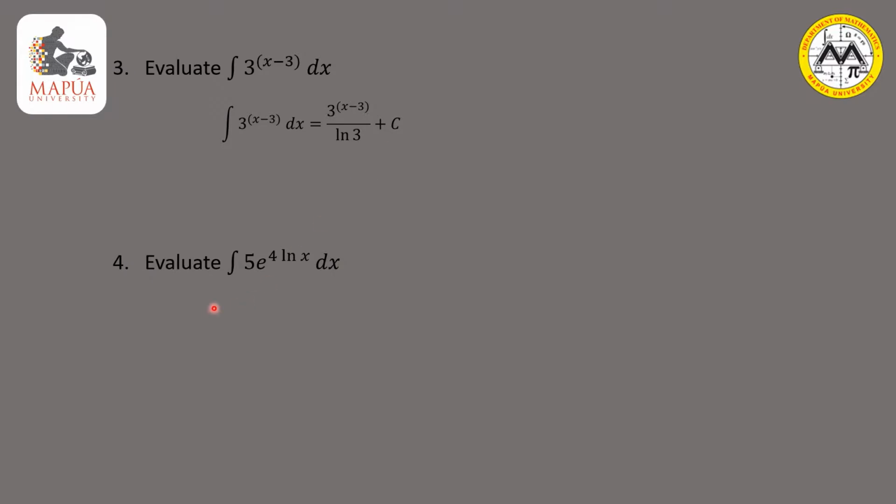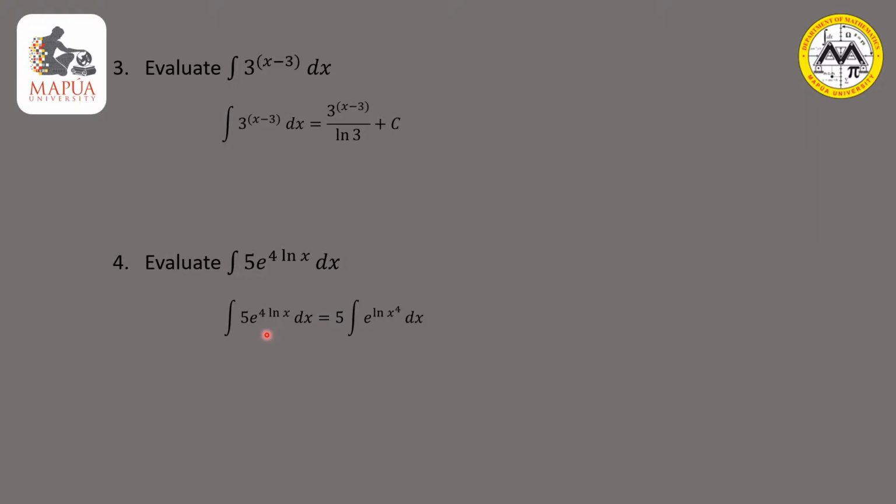For number 4, the integral of 5 e to the 4 ln of x dx. This integral can be simplified or transformed before we evaluate it. Remember properties of the logarithm?